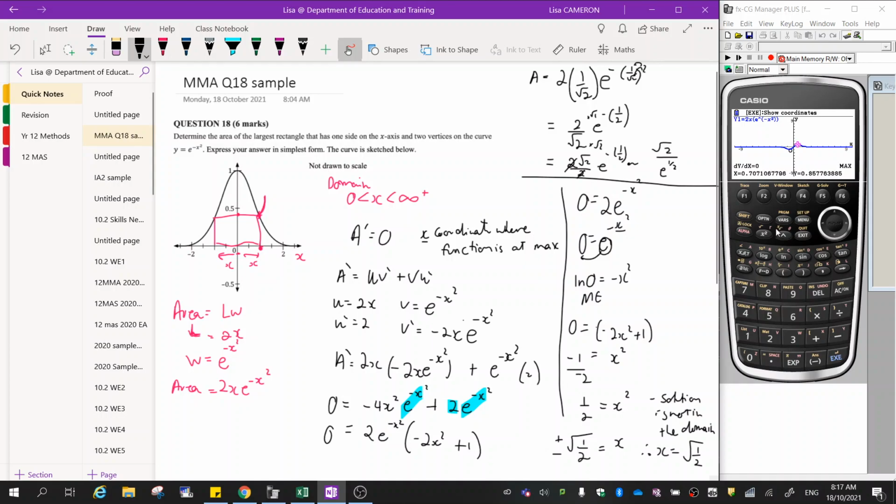Now, if I wanted to test if this was correct, all I'd have to do is chuck this back into a calculator. I would be testing that the area, no, that this expression here. If I wanted to test it, I would chuck this back in, square root of a half, and make sure that that is in fact equal to 0.707.